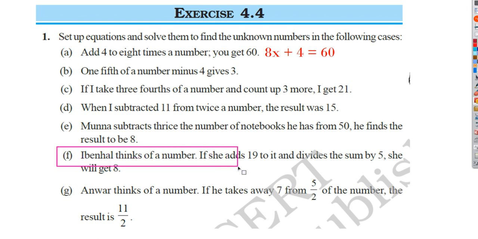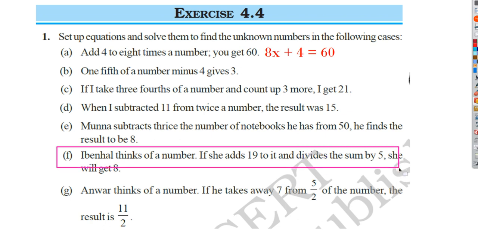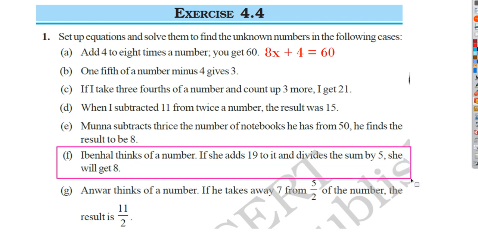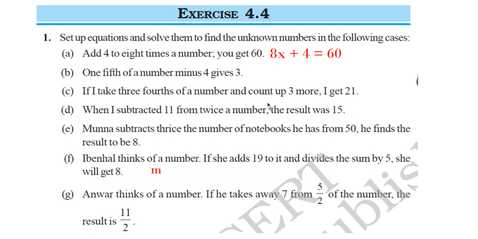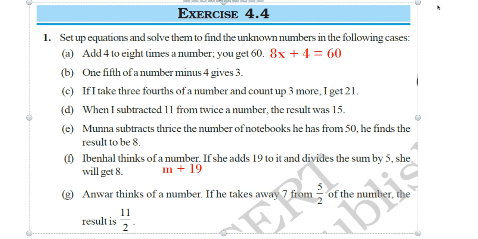Now look at this question. Ebenheld thinks of a number. If she adds 19 to it and divides the sum by 5, she will get 8. How will you form an equation for that sentence? Let the number be m. She adds 19 to it, so that will become m plus 19.